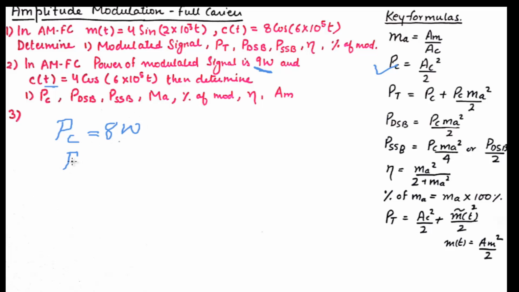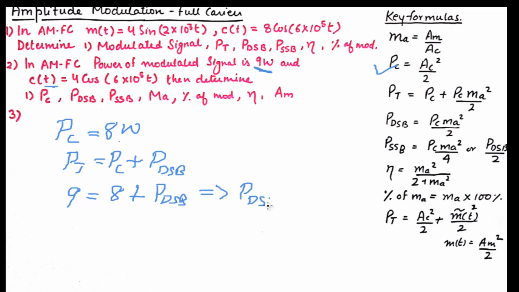So I know that total power is PC plus P double sideband. So this total power has the value 9 and PC comes out to be 8. So my power in double sideband comes out to be 1.